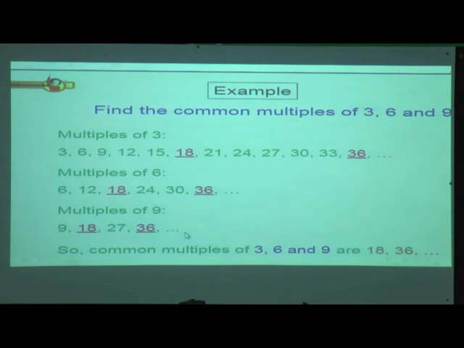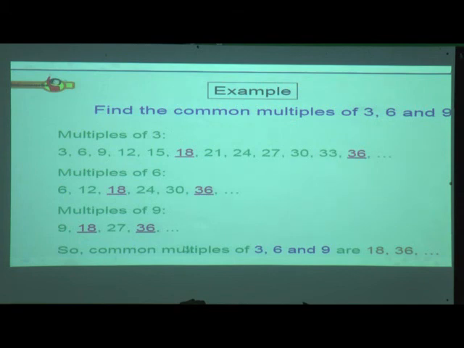So whatever multiples are written on the board, we have to find the common multiples of 3, 6 and 9. In multiples of 3, 6 and 9 we have 18 as common, and then we have 36 as common.